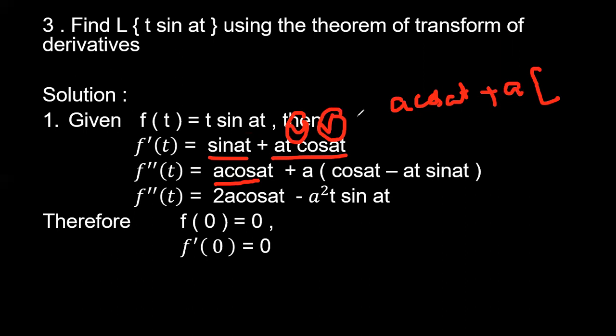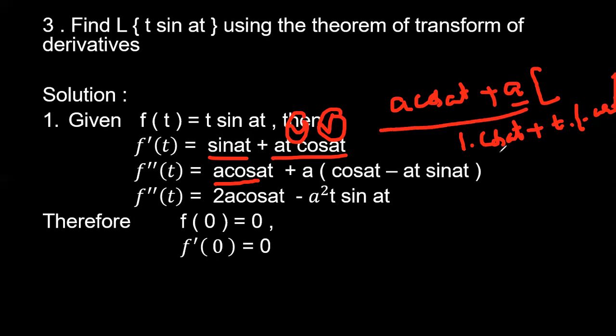So a into the differentiation of t, which is 1, into cos at. First I have done the differentiation for t; a is a constant, so it is kept outside, and cos at is kept as a constant. Next plus, t is kept constant, t into the differentiation of cos at, minus a sin at.